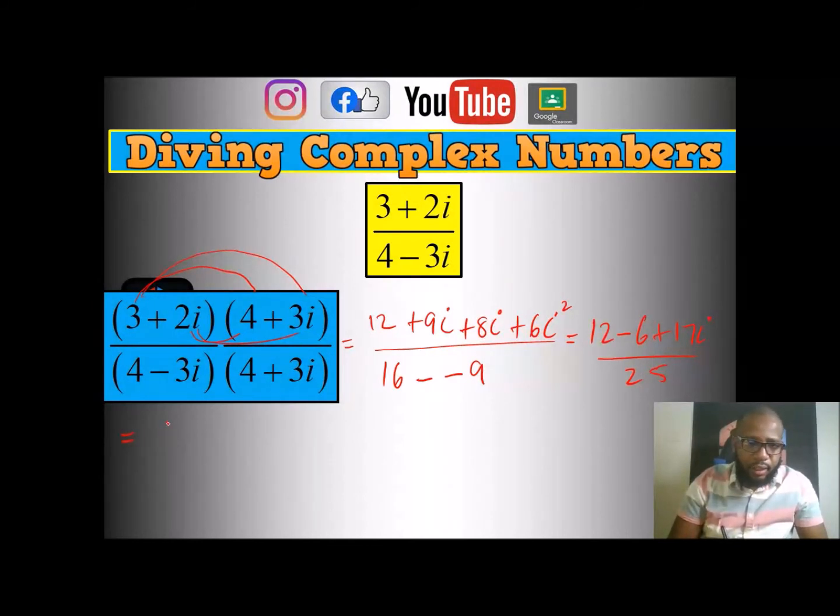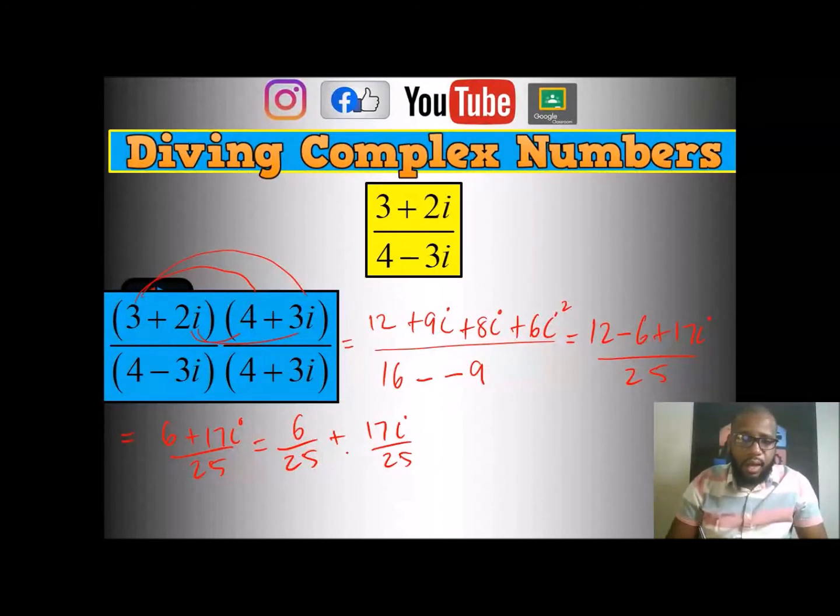So 12 minus 6, that's 6, plus 17i over 25. And guys, we must write this as a complex number in the form a plus bi, where the real part must be clearly shown and the complex part must be clearly shown. So I write this as 2 separate fractions. And this is my final answer.